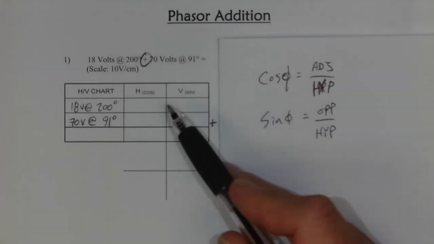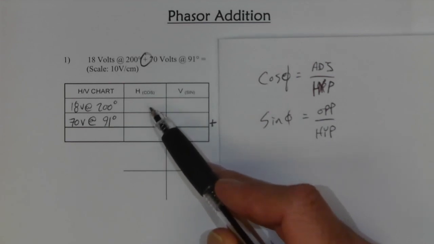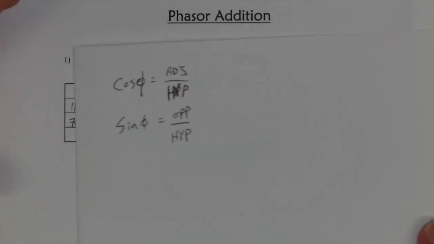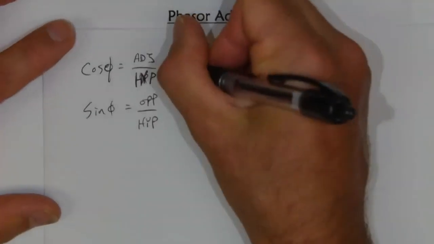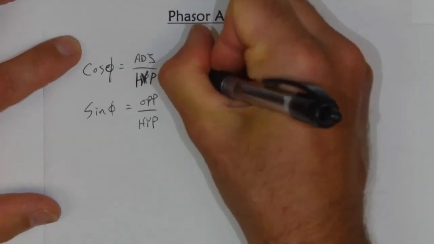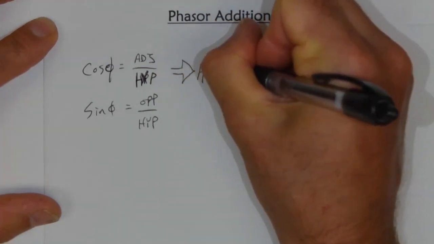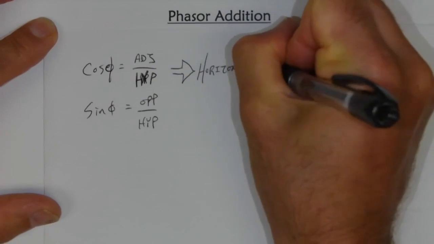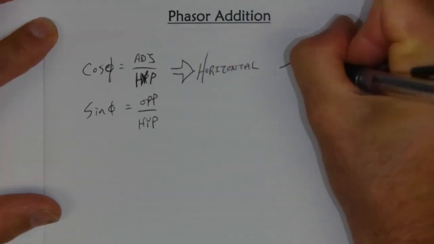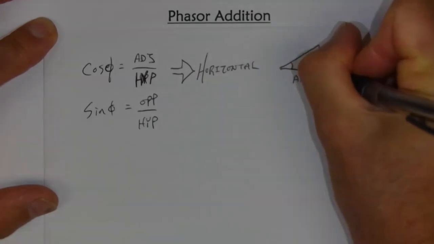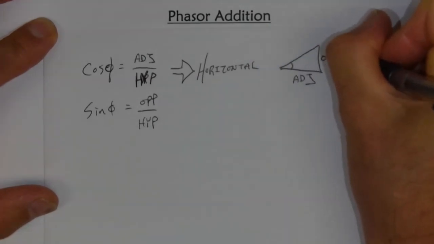So for cos theta, what we need to work out is the adjacent side. And what I mean by that is that with this, we're going to work out the horizontal. And the horizontal of a triangle, when we're looking at it from this angle, is always here. And this would be the opposite.